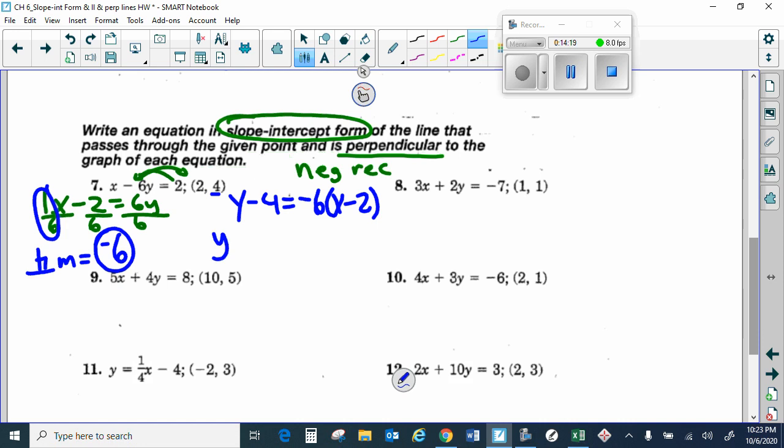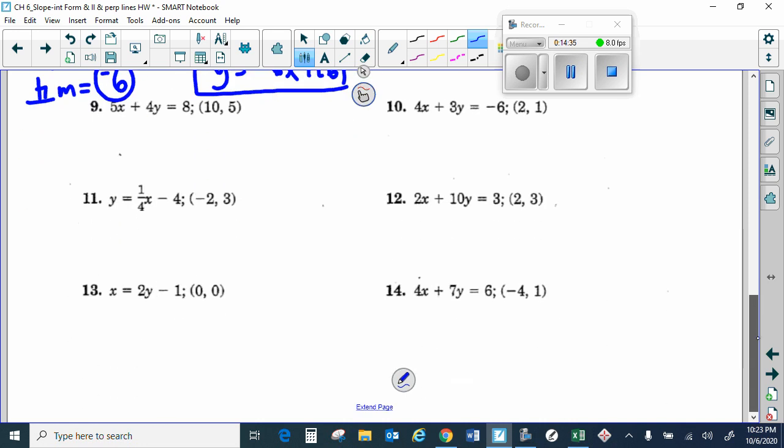I'm going to go ahead and do it all in one step. Distribute this negative 6 through there. It's negative 6x, I get plus 12, plus another 4 is plus 16. And now I'm in slope-intercept form. So you'll do that for all of those questions right here.